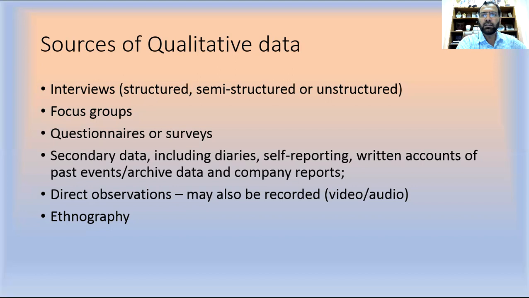So direct observations also help you to understand how people have reacted to a particular situation, and obviously connect it with your data or whatever information you have recorded using either the questionnaires, or the secondary data, or the interviews.